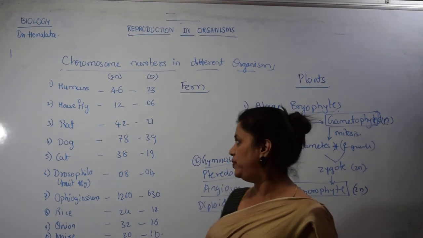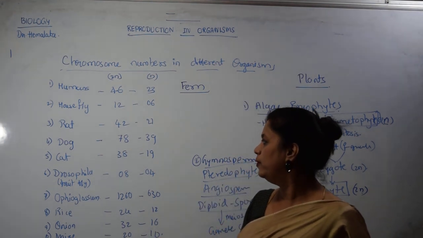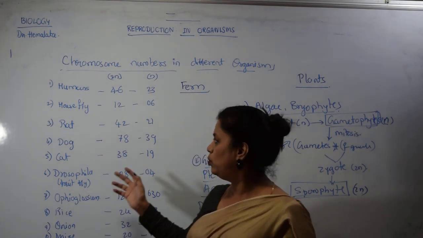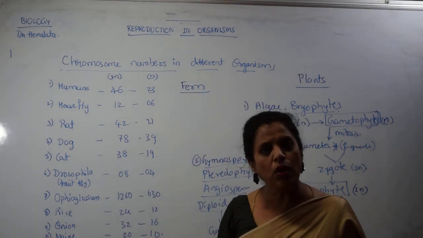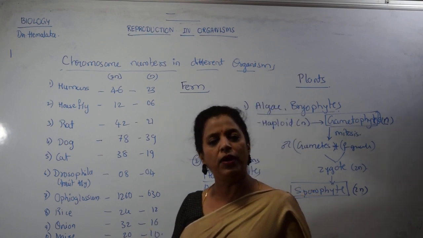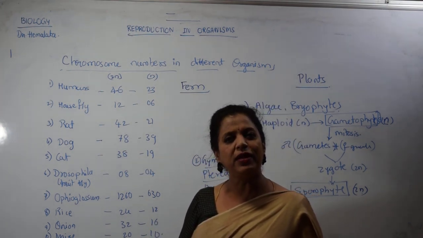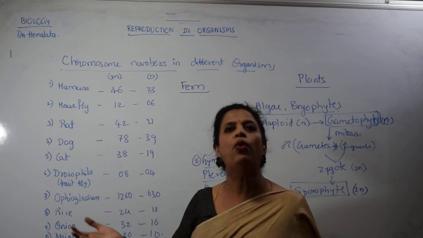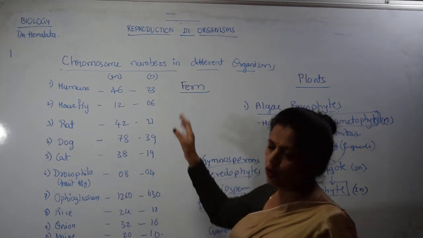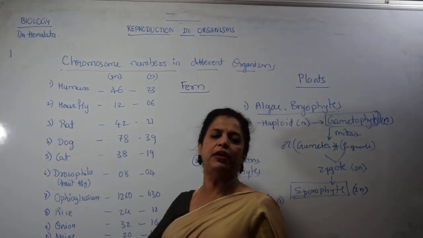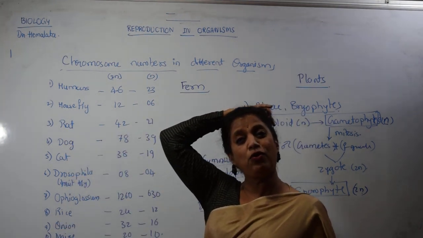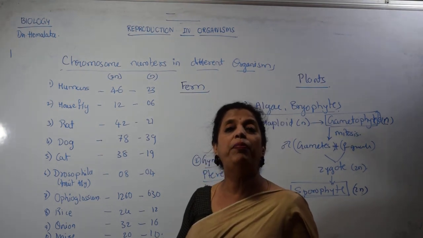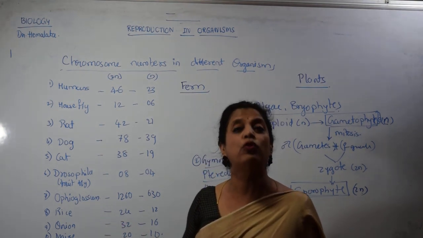Now I am saying work on these plants like Ophioglossum: how big it is, what its chromosome number is, why we say Drosophila, and why polyploid varieties are very popular. If I give some small clue, you should study the whole thing. The other chromosome numbers also you can add: elephant, monkey, gorilla. Keep on adding their chromosome numbers so that you get an idea of how big the organisms are and what their chromosome numbers are.